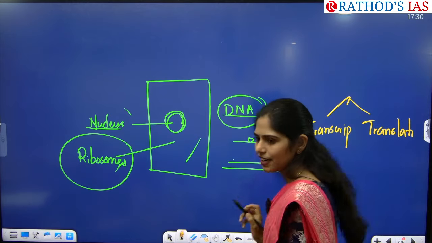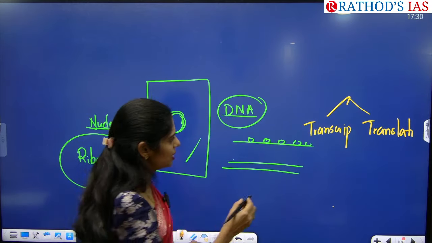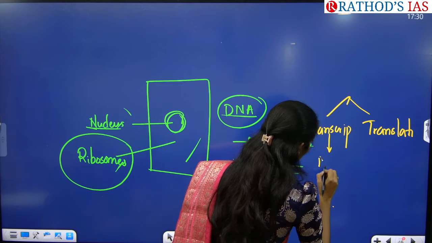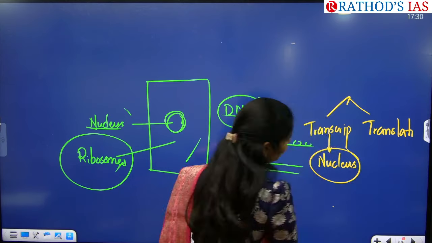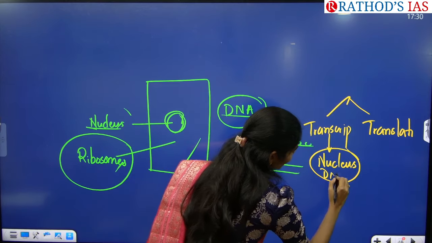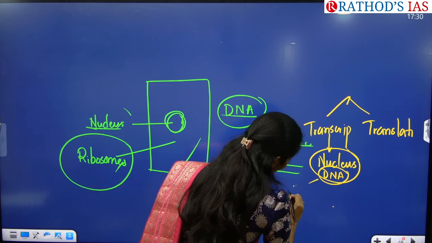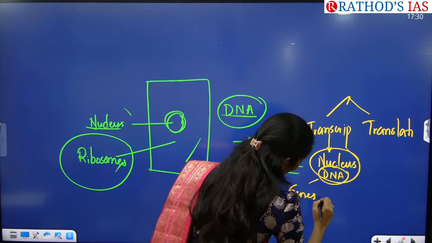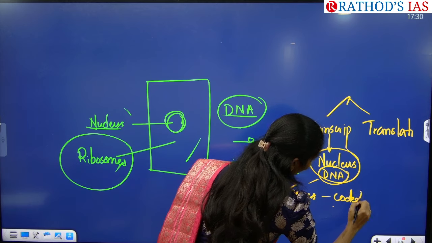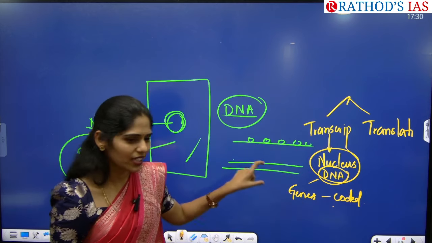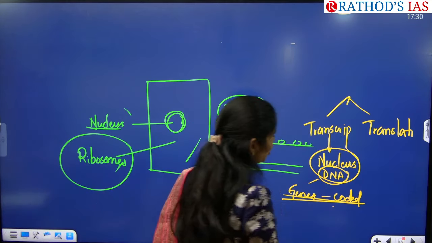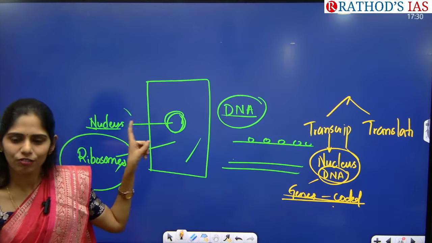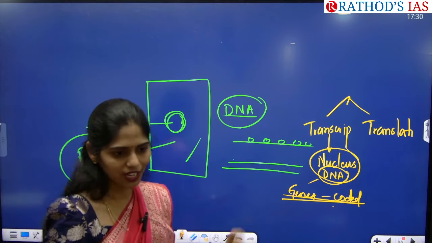Transcription happens inside your nucleus, which means DNA is involved. In DNA, certain genes are coded for protein synthesis, and they are activated through the process of transcription.